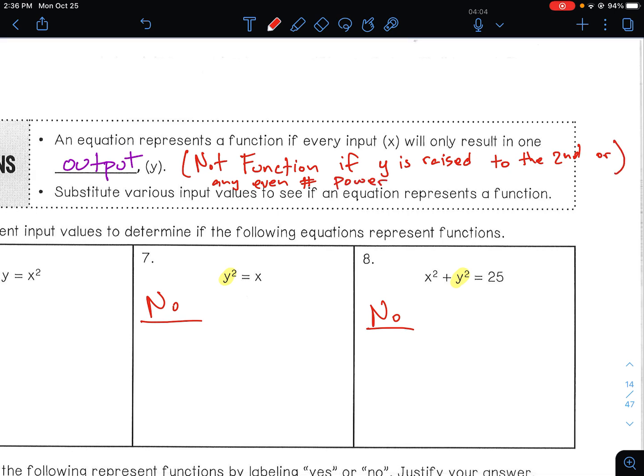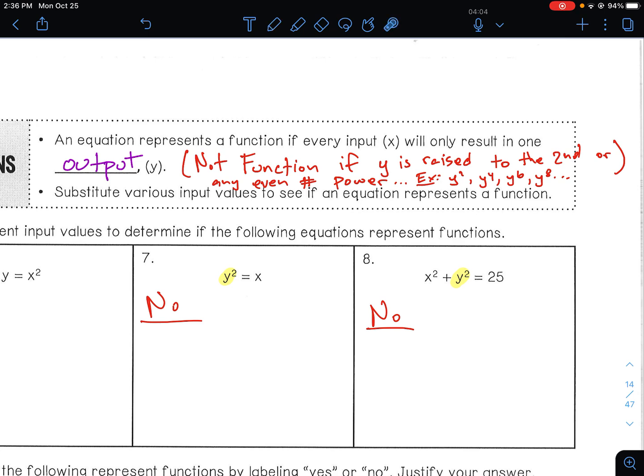So if y is raised to the second power or any even number power, for example, y squared, y to the fourth power, y to the sixth power, y to the eighth power, and so on.